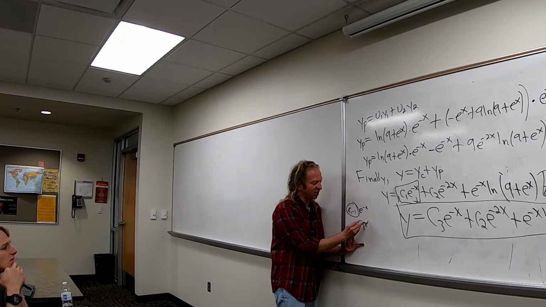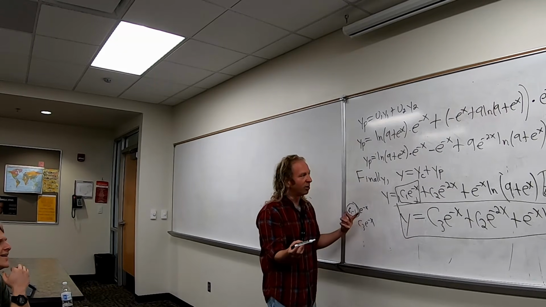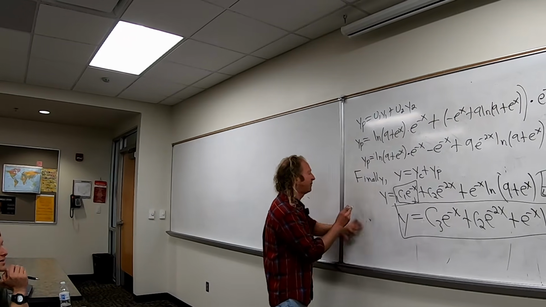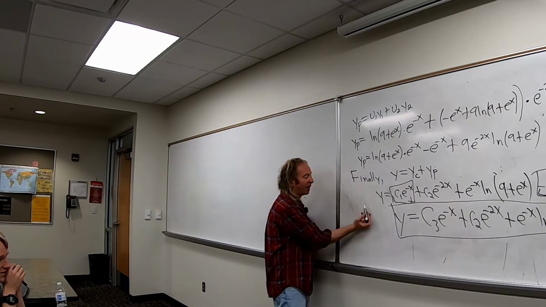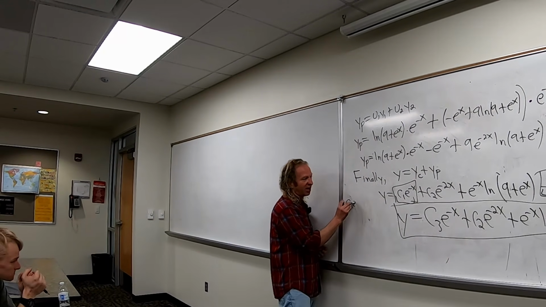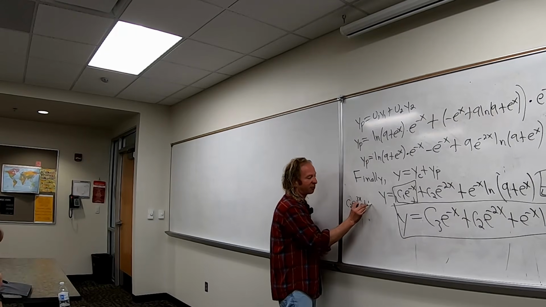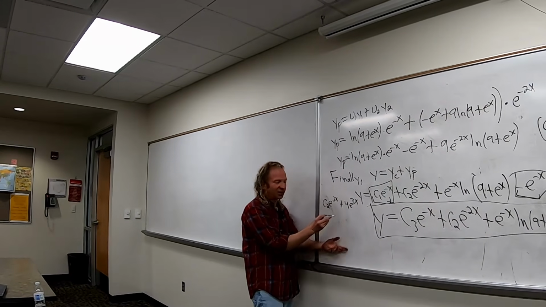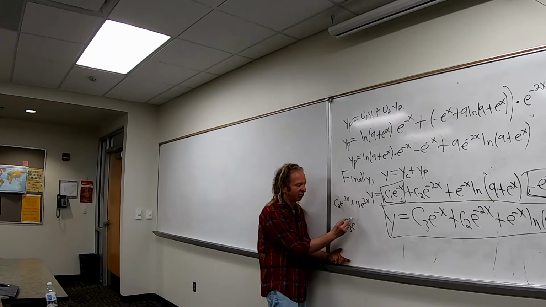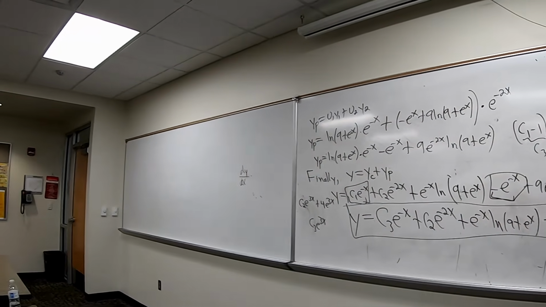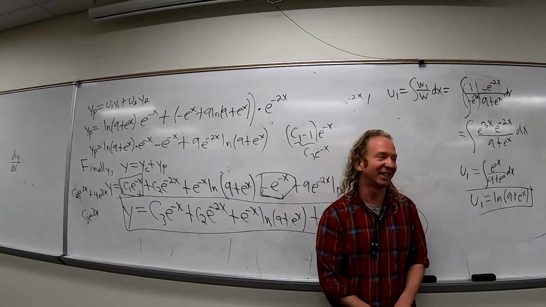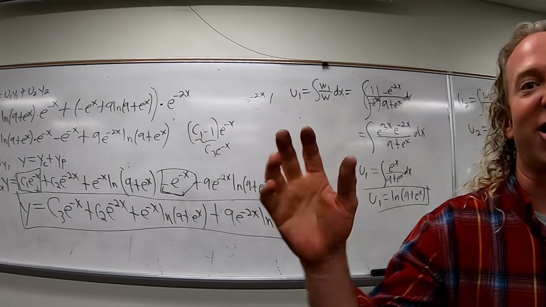So this is c3 e to the negative x. It's like if you had c2 e to the 3x plus 4 e to the 3x. In this case, just combine them and call it c3 e to the 3x. Any questions on this stuff? All right, that's it. Good luck. We'll turn this off.